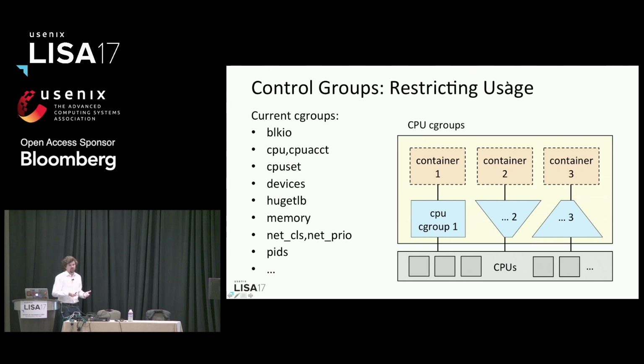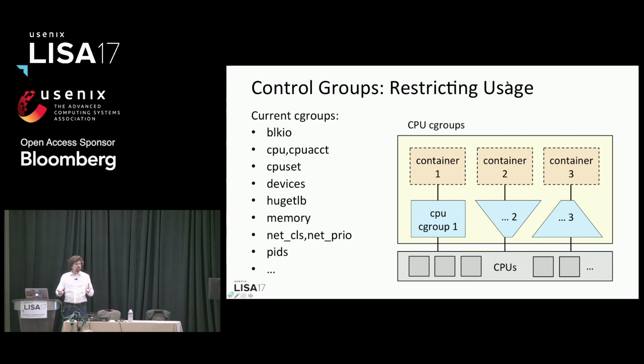Control groups restrict usage. And at the moment, there's many. And a lot of these have been around for a while as part of cgroups version 1, but they are getting updated. And there's also cgroups version 2, which is partially rolled out into the Linux kernel at the moment. So this is definitely a moving target.